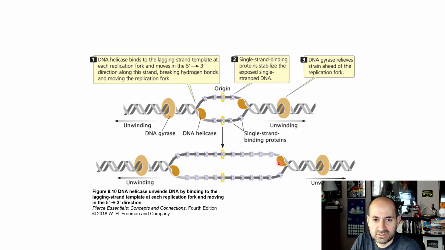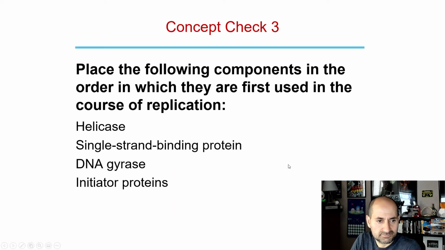Well, the activity of helicase introduces more coiling into the DNA, which needs to be relieved by gyrase, the topoisomerase, which relieves the supercoiling. If you don't relieve the supercoiling, helicase is not going to be allowed to copy for long.